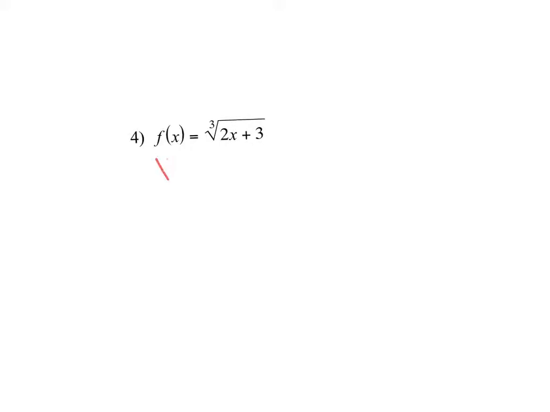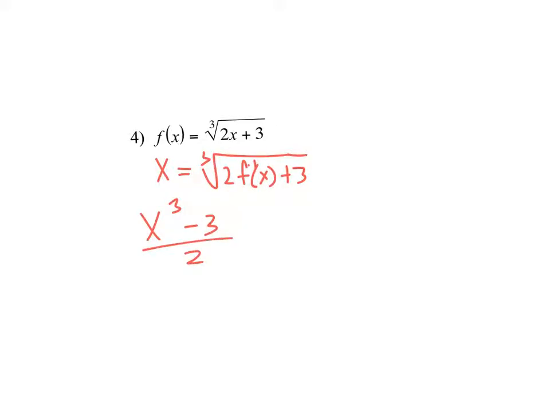For this guy, we've got x is equal to the cube root of 2 f inverse of x plus 3. That becomes x cubed minus 3 divided by 2 is equal to f inverse of x.